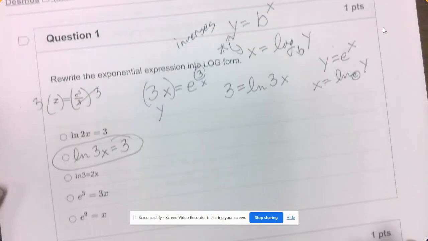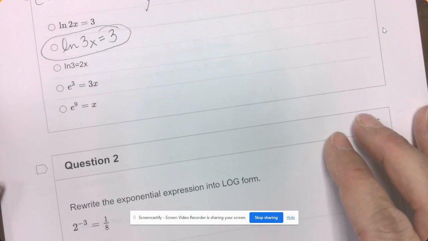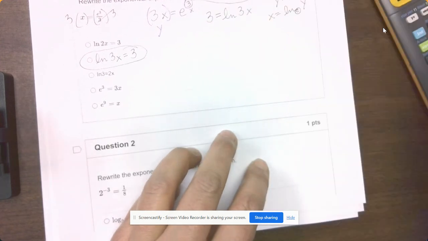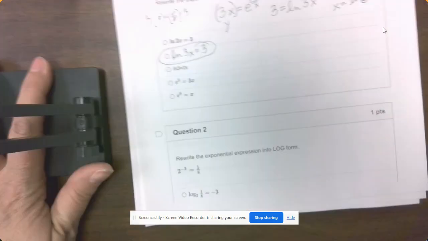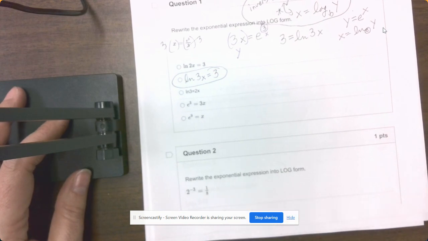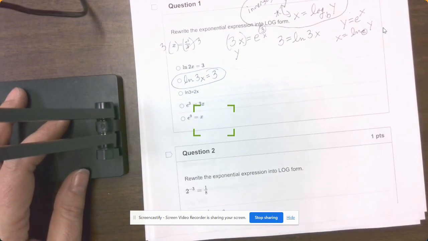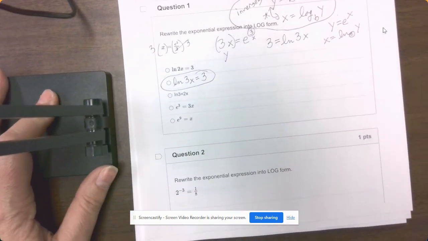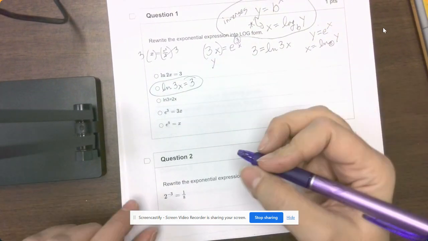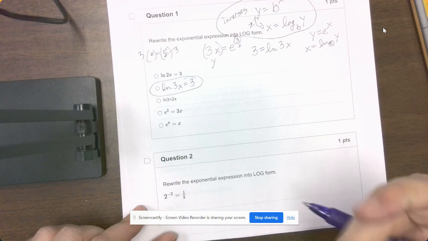Okay, on this one, it says we write it into logarithmic form. So we're going to use our logarithmic form one that we had before. Okay, so we're going to use that one, everybody, to help you write it. Okay, so we know to label it.